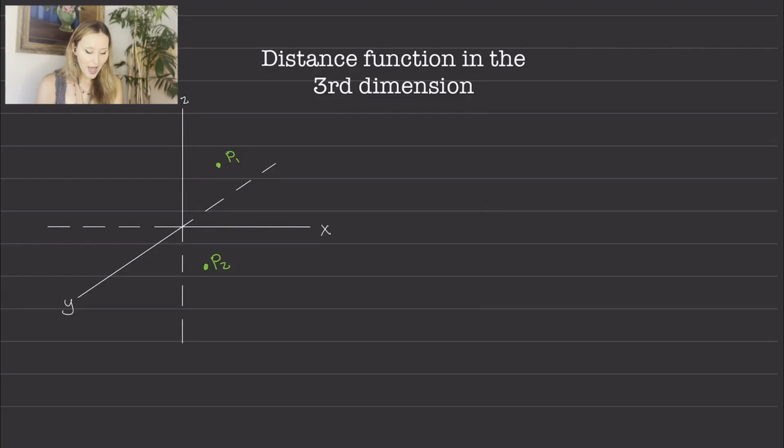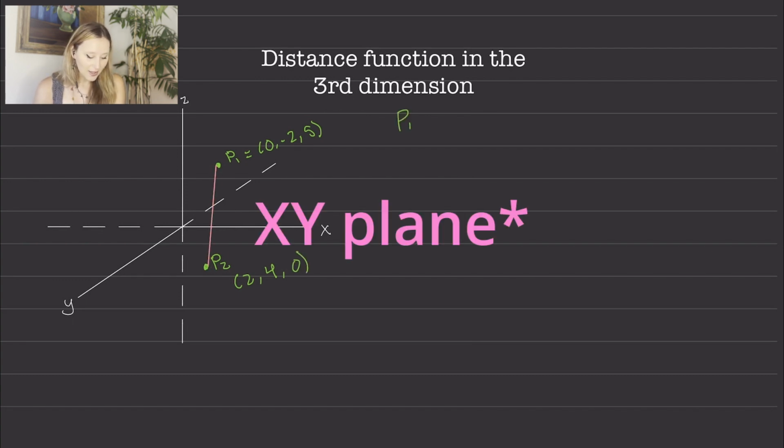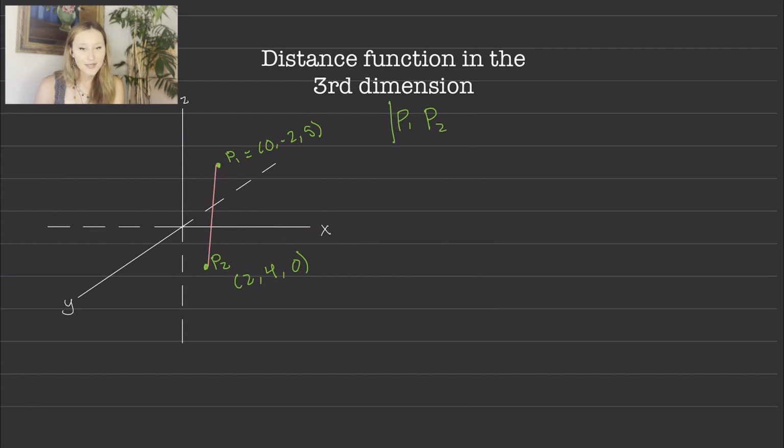Now let's say we have 2 points and we want to find the distance between them. We love distance, you know what I mean? We have P1, which is (0, -2, 5), and P2, which is (2, 4, 0). P2 lands on the xy plane, which is pretty cool because the z value is 0. So let's find the distance, my friends.